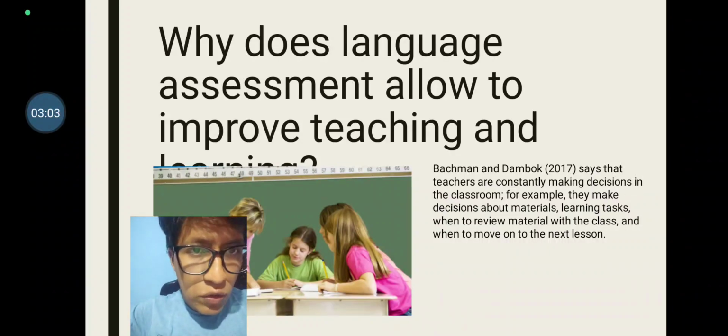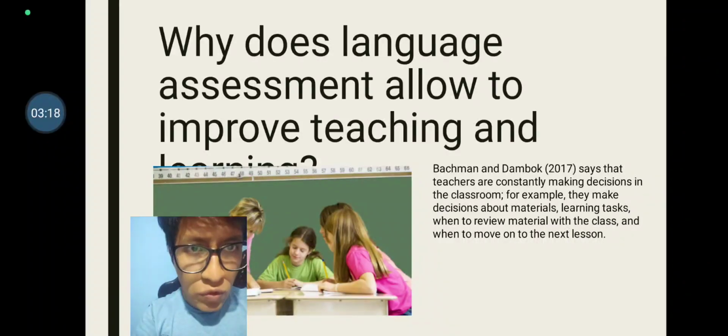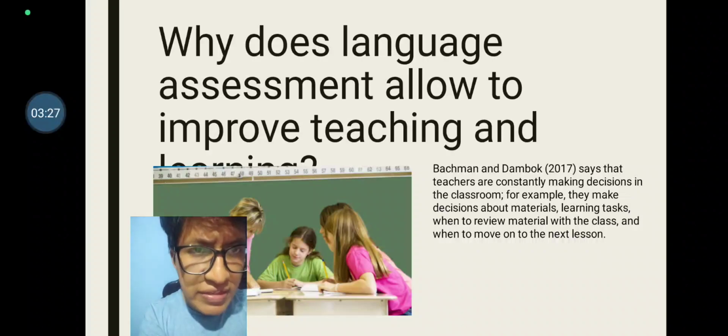So this is an important point because of all the decisions that we take in the classroom, like using the materials, learning tasks, taking quizzes, and the participation of the children, the students. We need to take the decision, and then the students are going to give us feedback. For example, the students didn't like this thing, or the students really liked this thing.